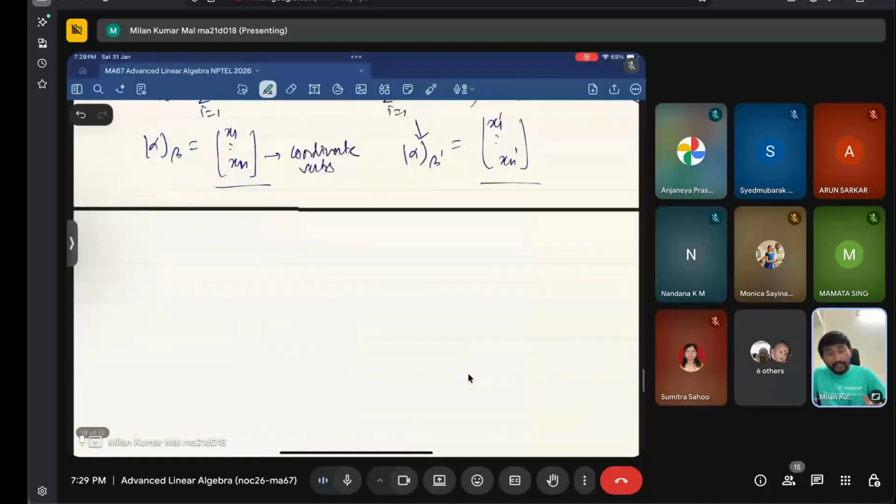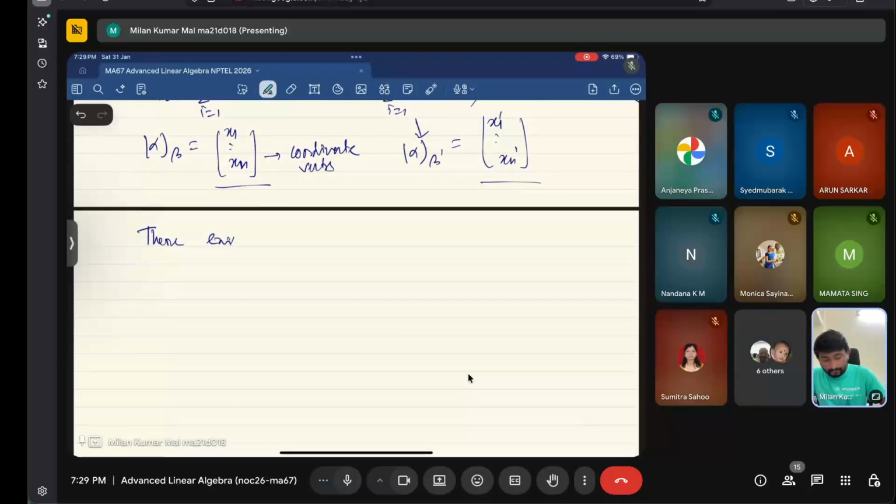So, the relation is that there exists an invertible matrix P. Let me write this as X and this as X prime.